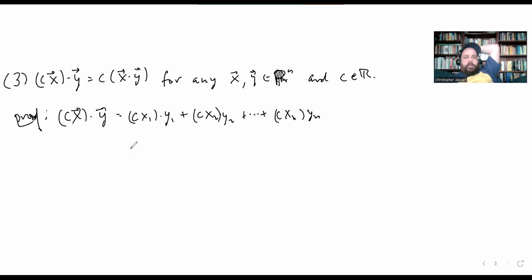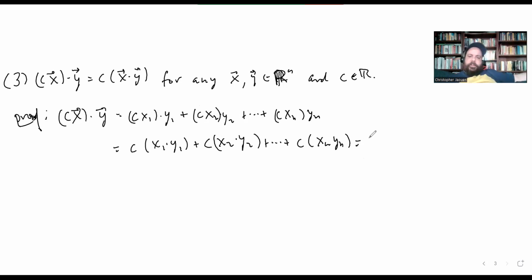And these are products of real numbers, so we can use the associative law. And by definition, that's c times x dot y.